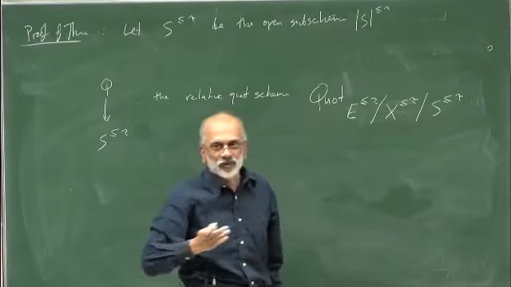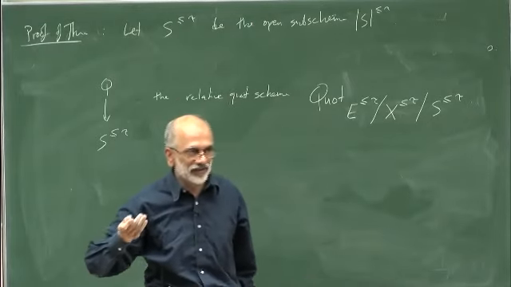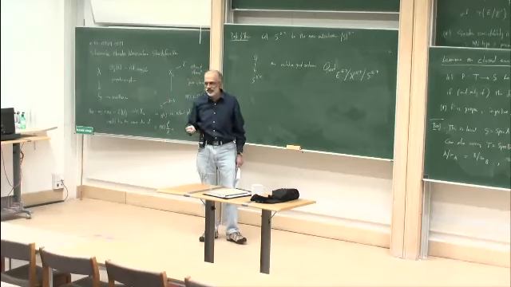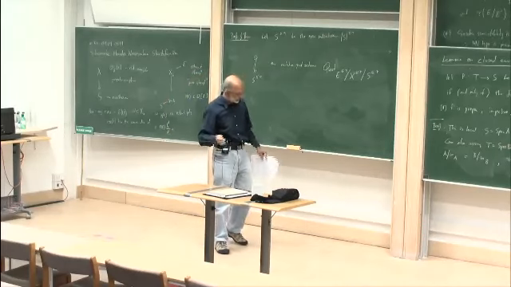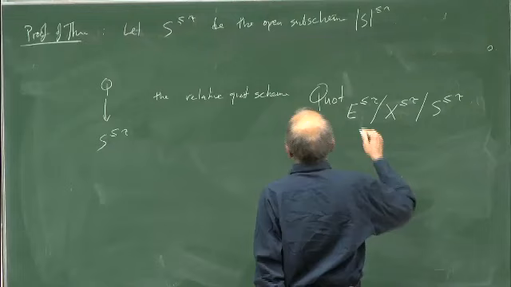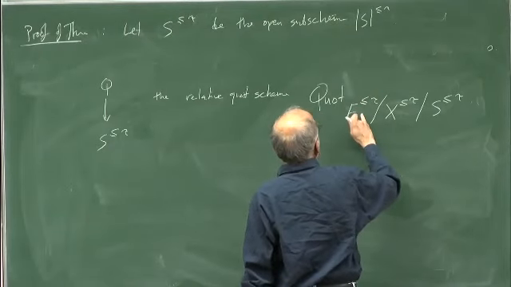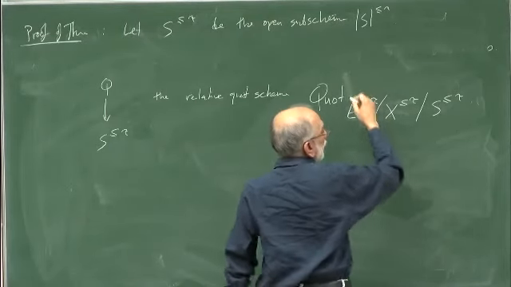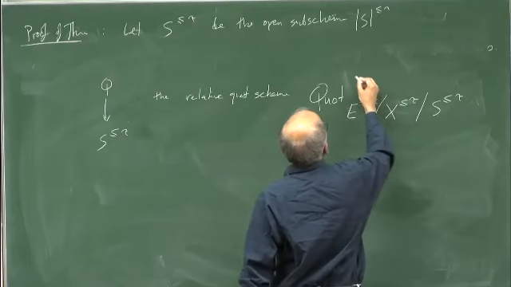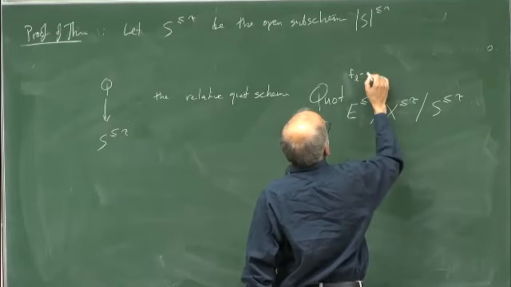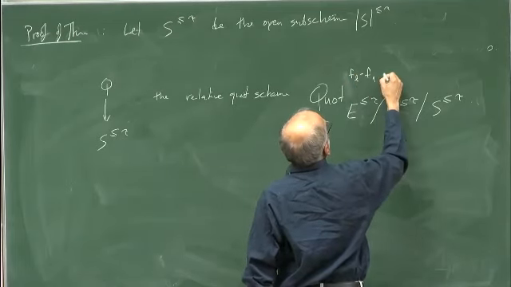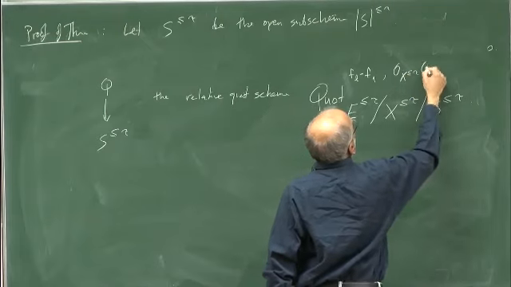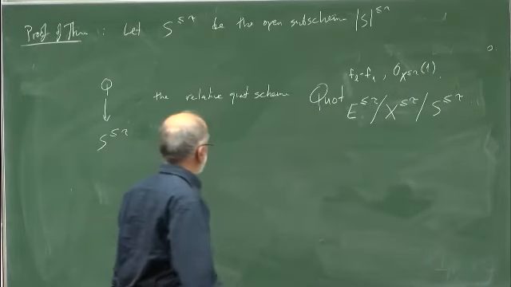By X less than or equal to tau, I mean the inverse image of S less than or equal to tau, and E less than or equal to tau is the restriction there. And on that, I want quotients which have the Hilbert polynomial of FL minus this, with respect to O_X less than or equal to tau 1. This is the Quot scheme.